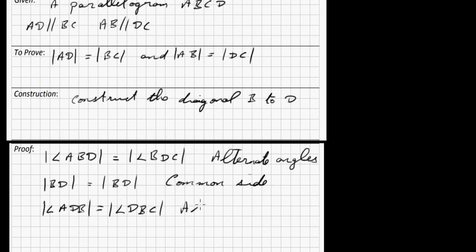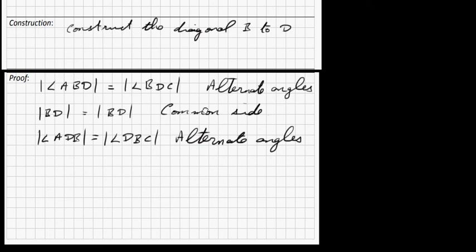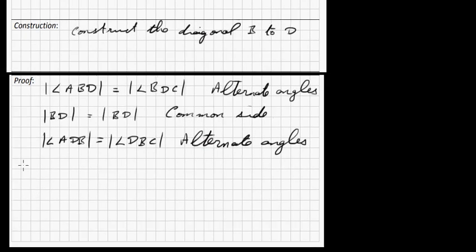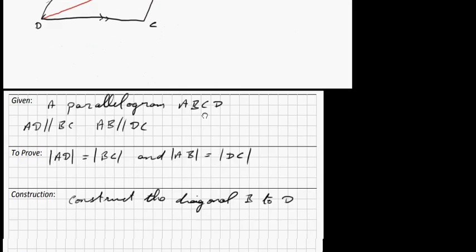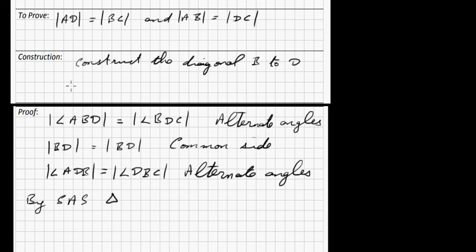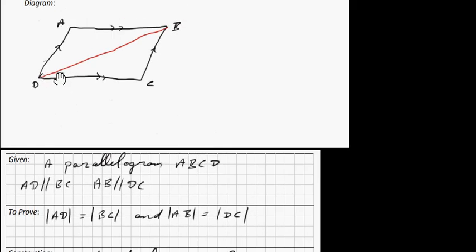Why? Because they're alternate. Okay, so by side, angle, side, we can say that these two triangles, triangle ADB is congruent to, use these three lines here, that means congruent to the triangle DBC.